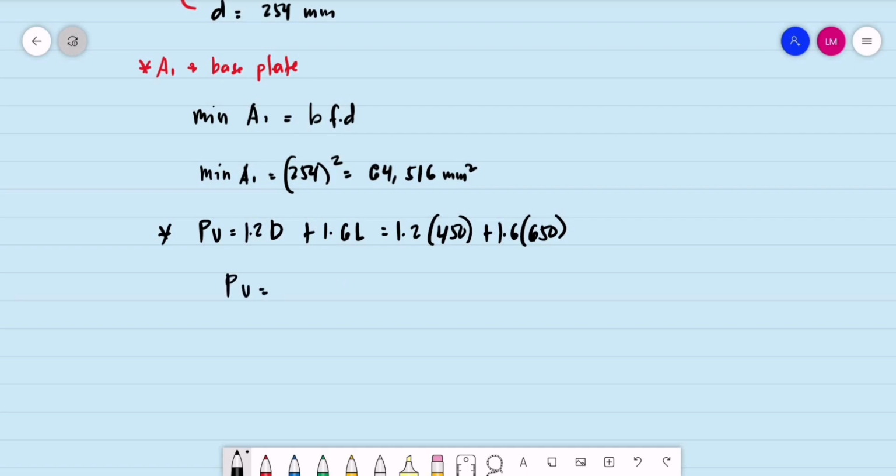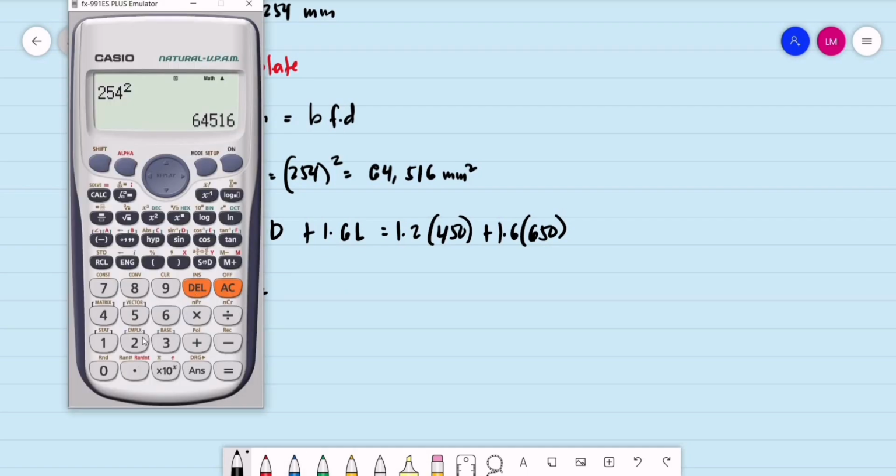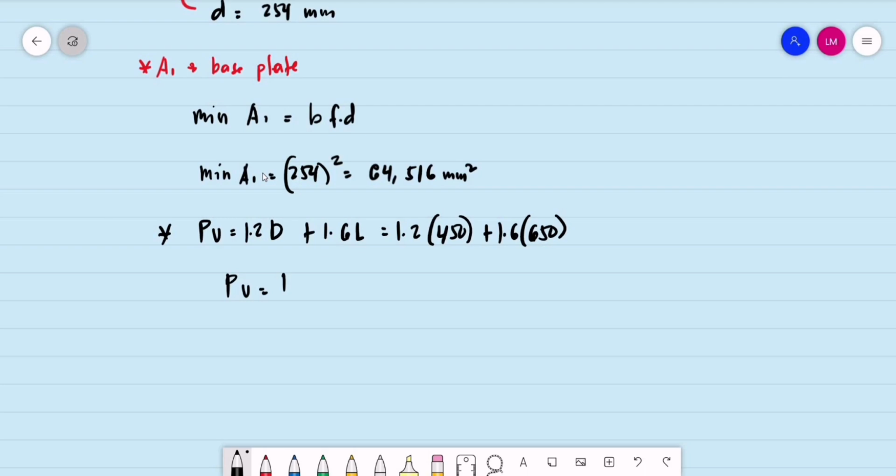We have P sub U is equal to 1.2 of 450 plus 1.6 of 650. So we have that as 1,580 kilonewtons.